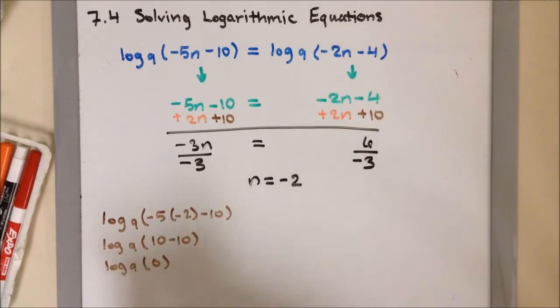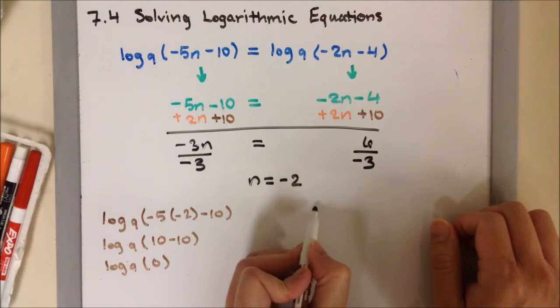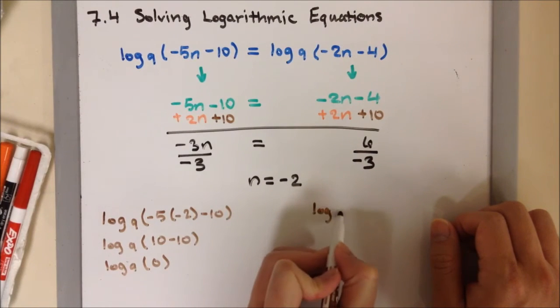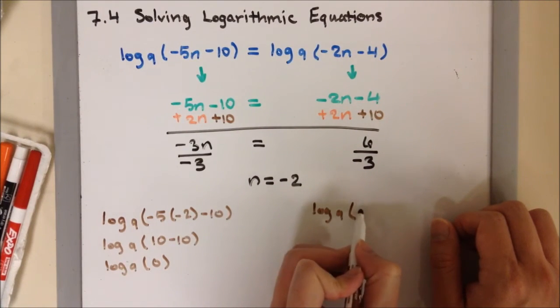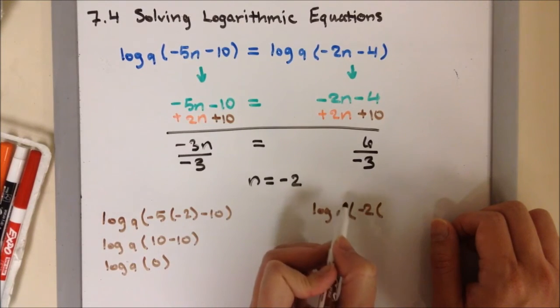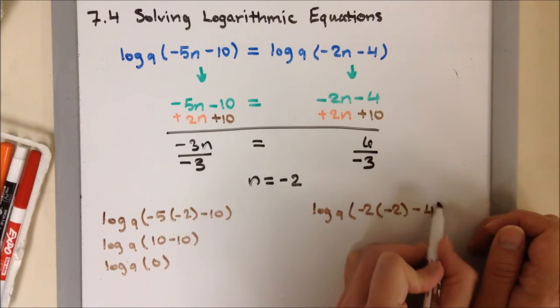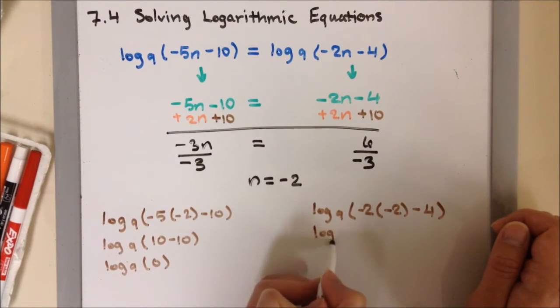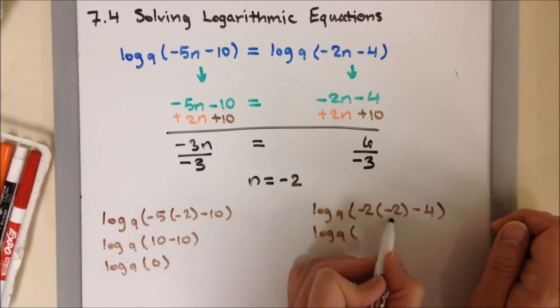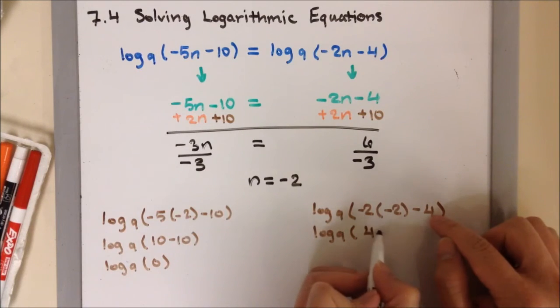Now, if someone asks me, what happened if we did the right side and it works? Well, let's check if you did the right side first. So, I have negative 2, and then instead of n, I'm going to put negative 2, and then minus 4. So log base 9 of negative 2 times negative 2 is positive 4, and then minus 4.